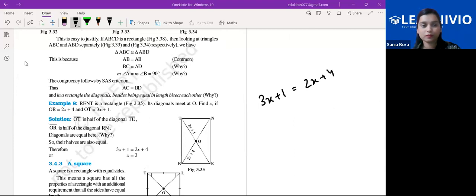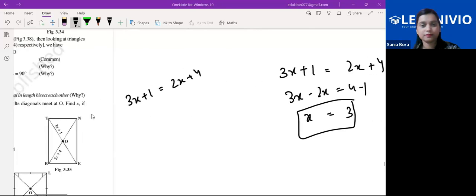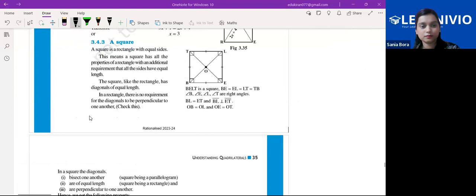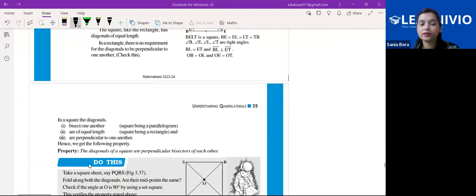Ma'am, can I have a minute to do it again? Yes. You have the question, right? Ma'am, is it not necessary to substitute the values?